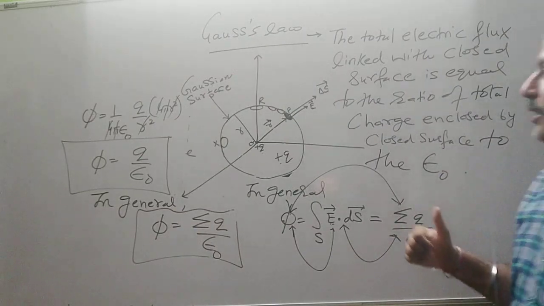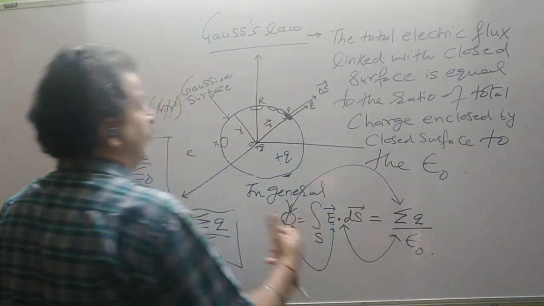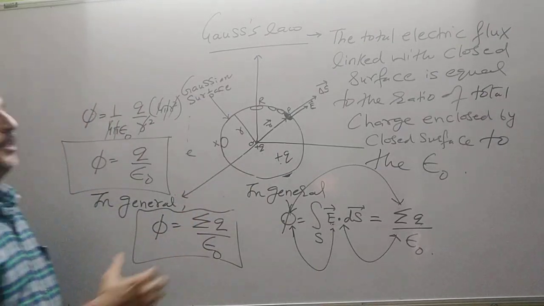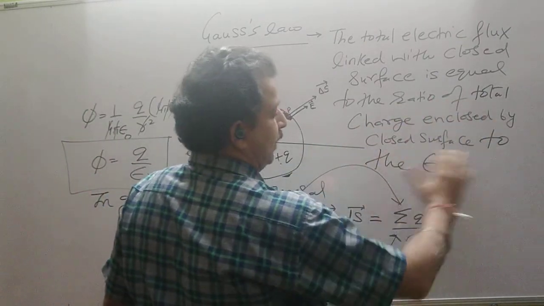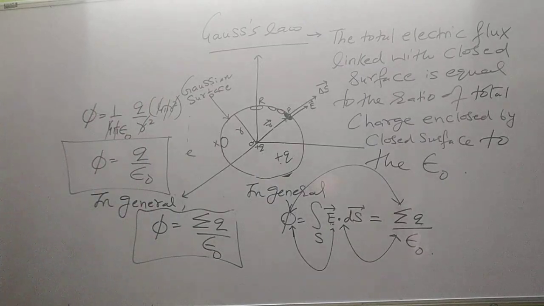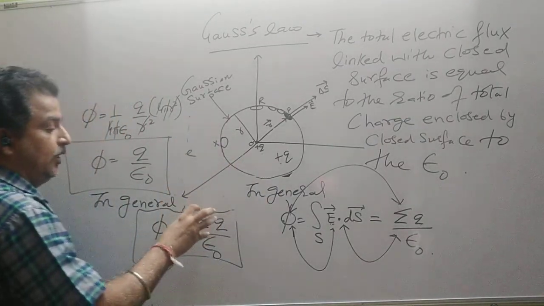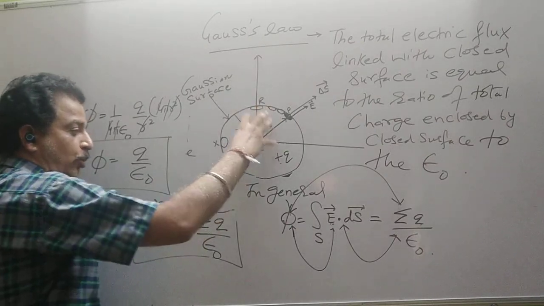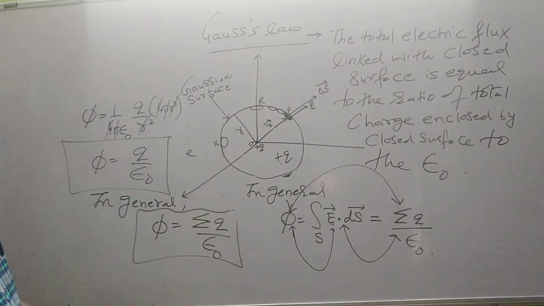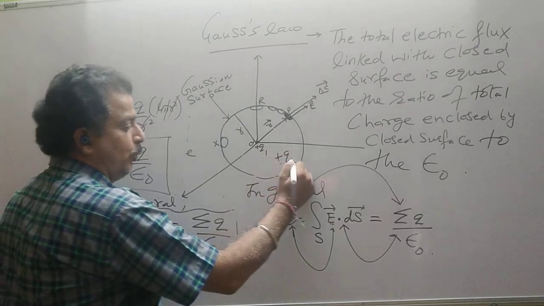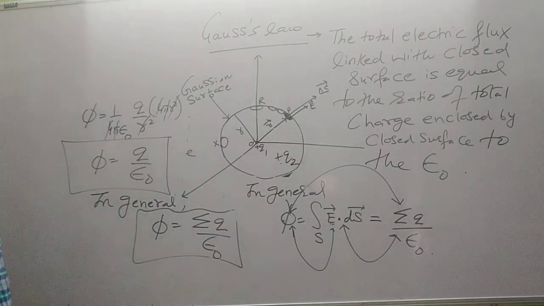So this is the Gauss law for electrostatics. It is the ratio of the total charge enclosed by the closed surface to epsilon naught. We will see why we are taking only the charges enclosed inside it. Say there are q1 and q2, both positive.